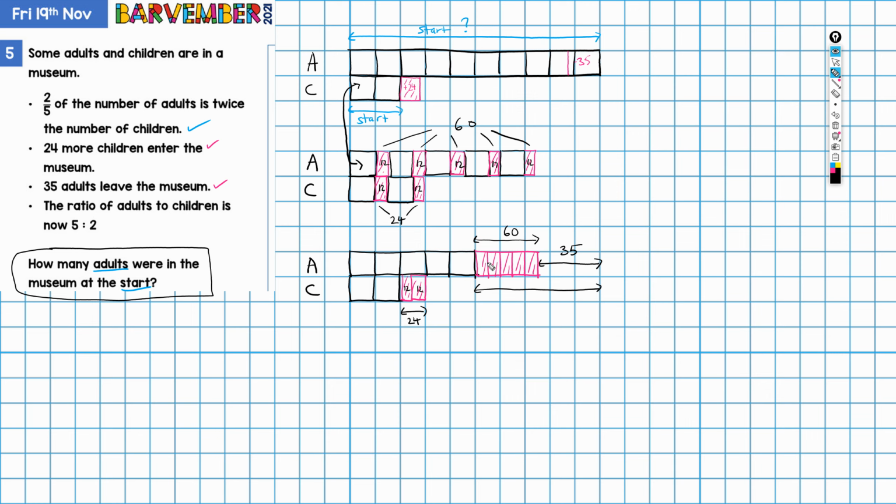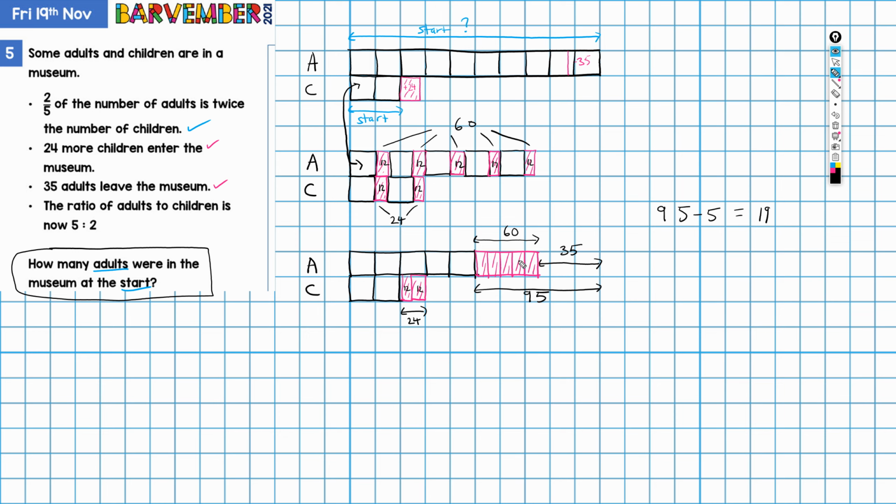Right at the beginning we didn't know how big to draw these. So if we add 60 and 35, we get 95. So we know now that the value of 5 parts is 95. And if we divide 95 by 5, we get 19.